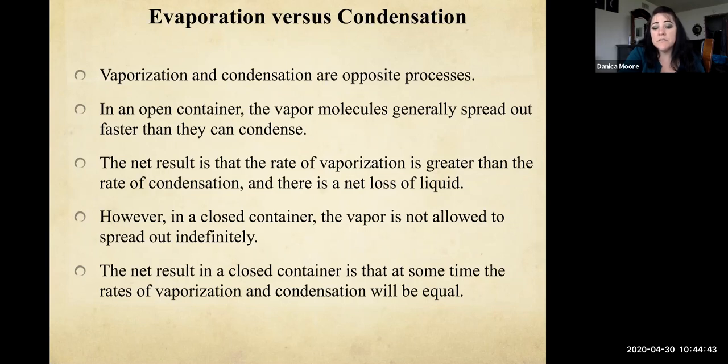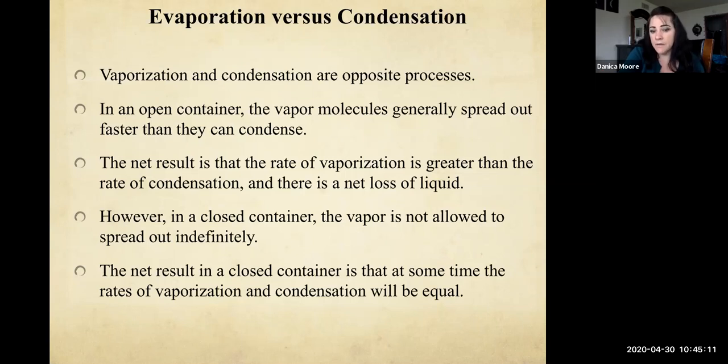So the net result in a closed container is that you find this equilibrium is reached where you have X number of molecules that are in the vapor state and X number that are being condensed, right? So in an open container, you can imagine that these processes of vaporization could continue until the liquid is completely evaporated, right? Theoretically.